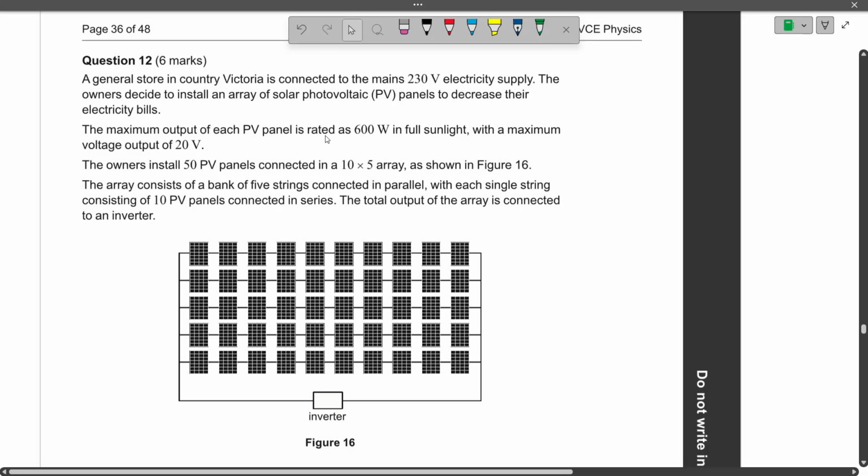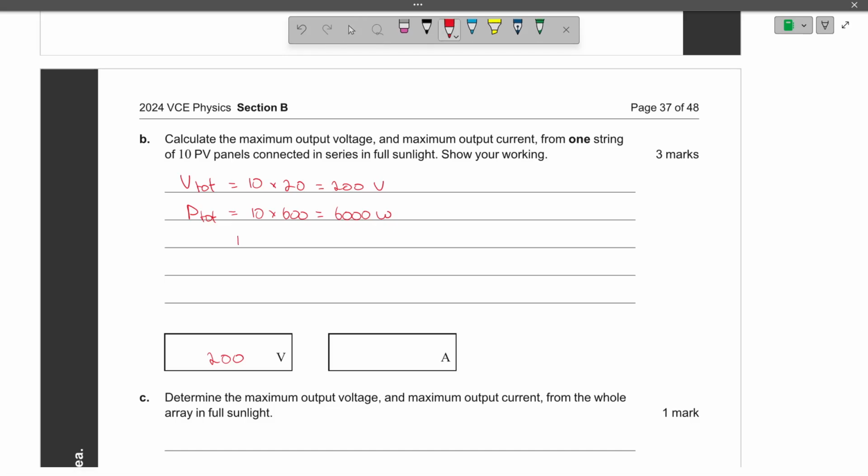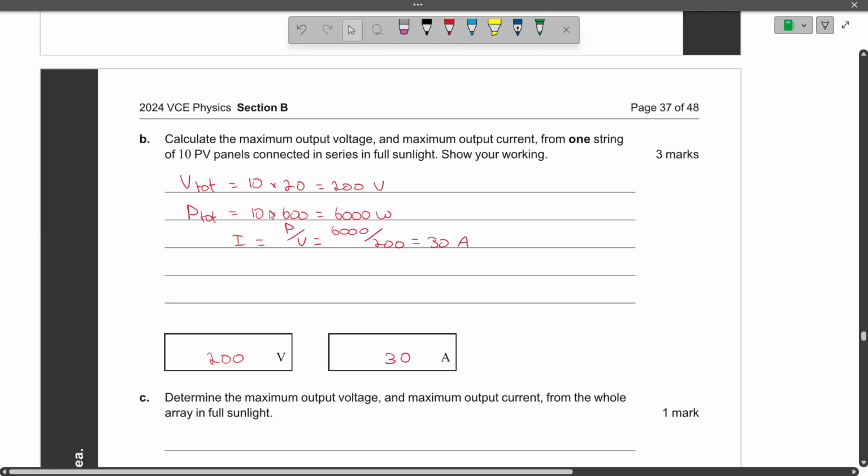So the only way that we could work out current is we've got the voltage and the power from all of those panels, and then use P equals IV. So that means current is equal to P over V, which is 6,000 over 200, which is 30. Okay, I hope that makes sense. Just go back and rewatch that if you didn't get it.